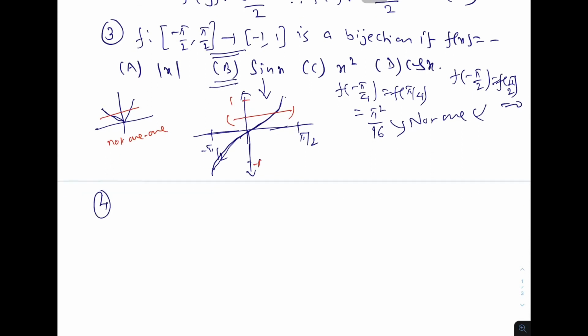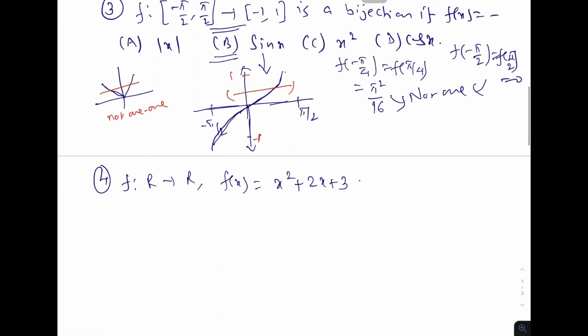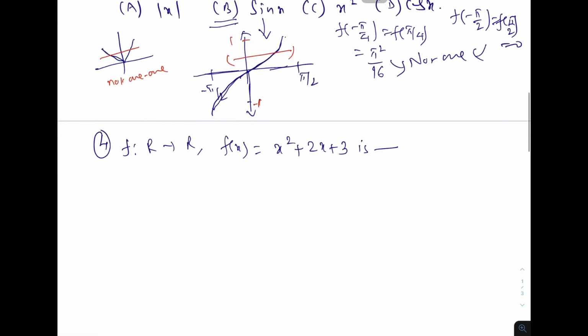Okay, let us take one more. f from R to R, f(x) equal to x square plus 2x plus 3. So this is blank.